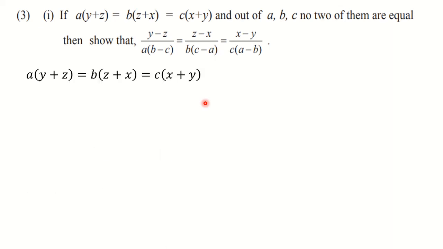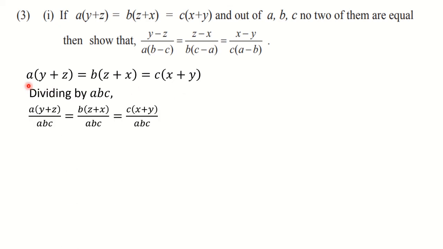So first of all, start with what is given to you. Since we want the denominator in the form of abc, we are dividing each and every ratio by abc. So the first ratio divided by abc, the second one b into z plus x divided by abc, and c into x plus y divided by abc. What you can observe here is that a and a got cancelled.